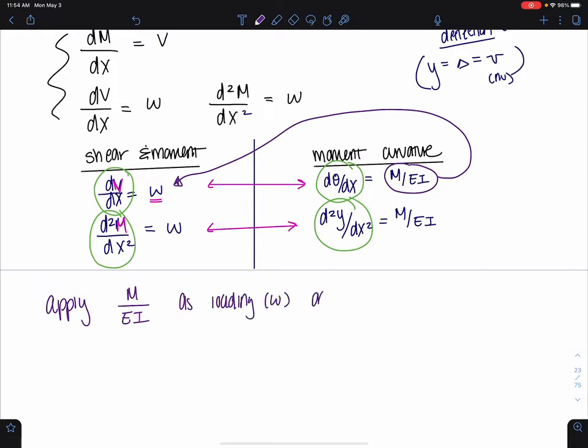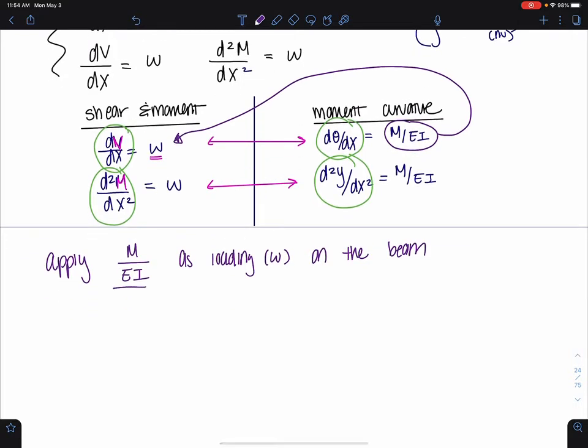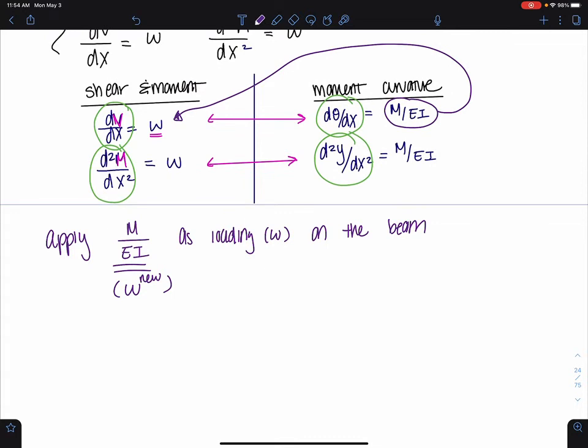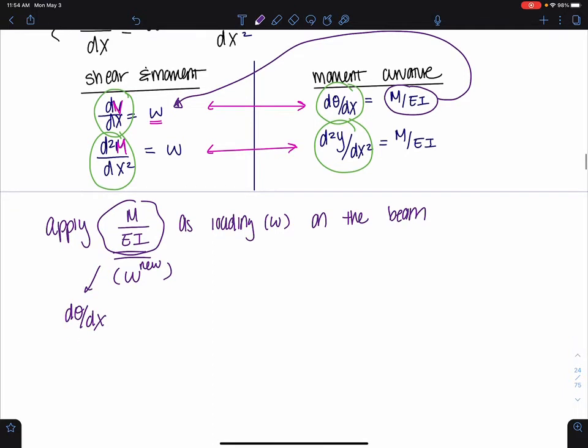Then if M over EI is my new w, my new loading, the derivative of this as my load would equal this, and the second derivative of that would equal this. So getting my shear and moment diagram of M over EI would really give me slope and deflection.